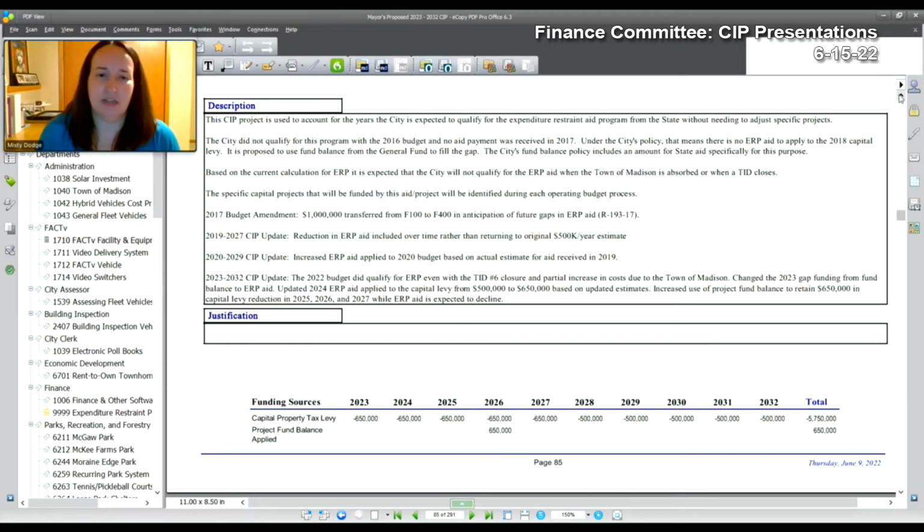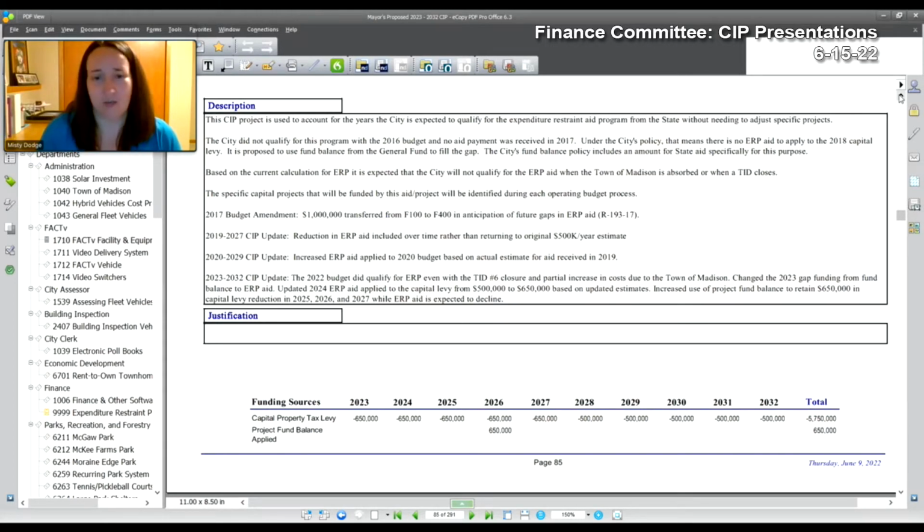And then this is where you will see that fund balance use that I do consider to be a structural deficit. Looking at the numbers for 23 and 24 and into 25, we expect to get about $650,000. But once we close TID 4, our aid will actually drop to probably less than $500,000, if I use the numbers as of today and simply show that TID 4 is closed. That drop was too high of a hurdle to overcome to get this CIP to balance, so we filled that gap with fund balance.